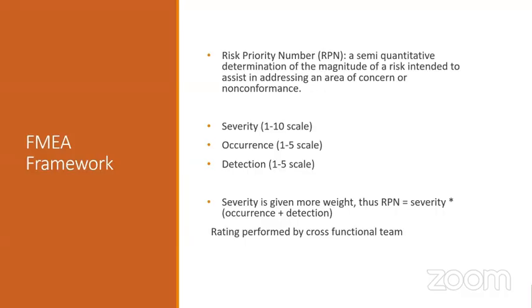So just something to think about when you're setting up your RPN scale and how you go about getting that score. And as I said, rating is formed by a cross-functional team, and I think that's where it becomes transparent for folks to see what it is that management is doing when they're looking at these things.